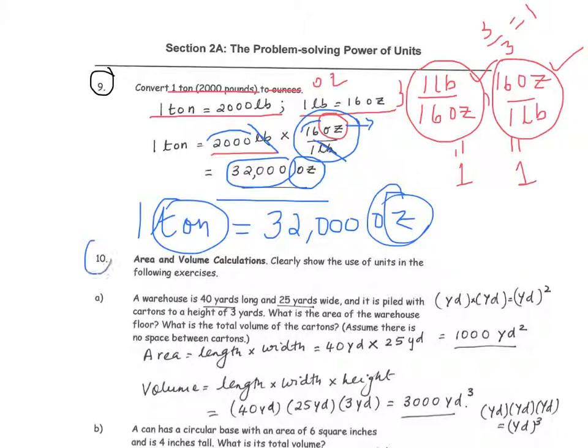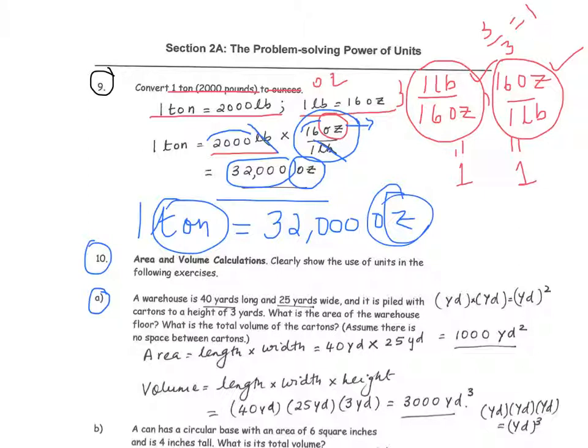Now in the next problem, let's read this. So we look at part A. A warehouse is 40 yards long and 25 yards wide. So it's a rectangle with length 40 yards and width 25 yards.